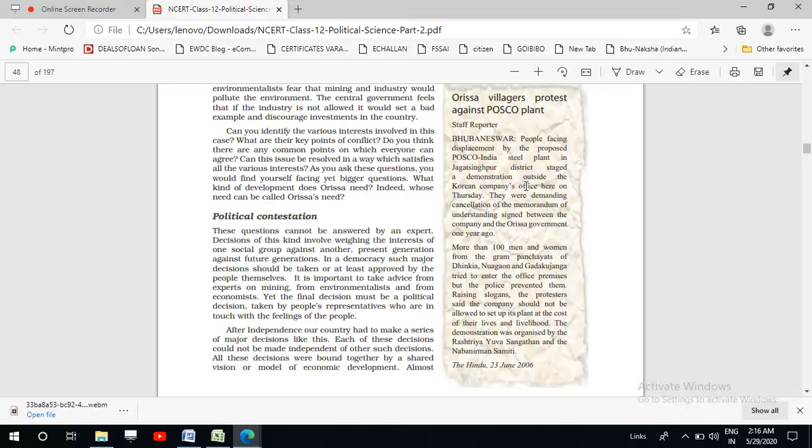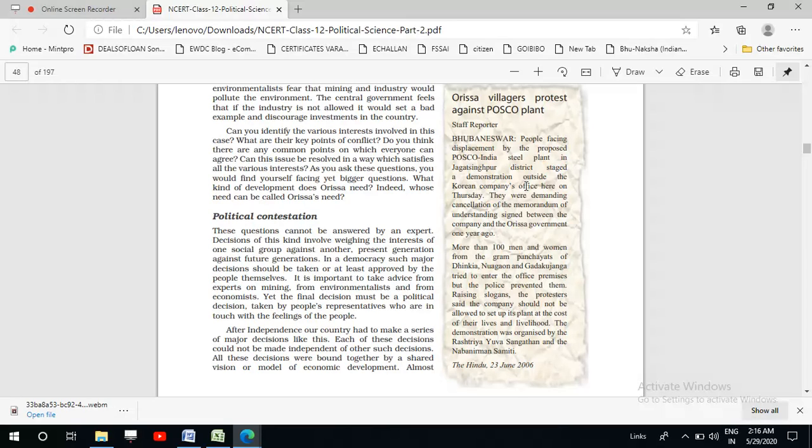But the police was there, and the police prevented them from entering the office premises of the company. And the people were raising slogans. The protesters said the company should not be allowed to set up its plant at the cost of their lives and livelihood. This demonstration was organized by Rashtriya Yuva Sangathan and the Nav Nirman Samiti.